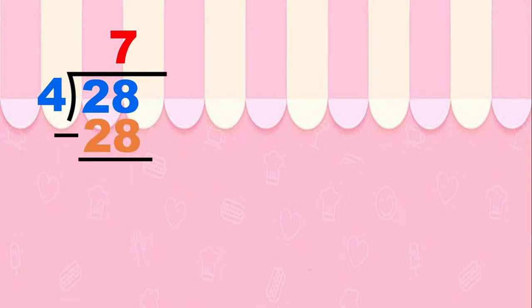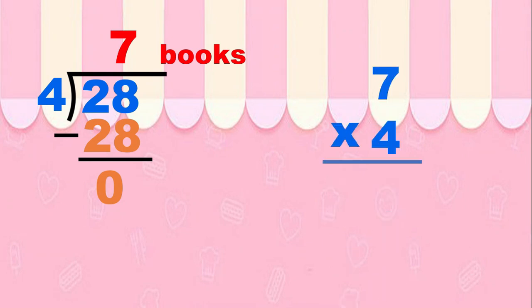So you can now subtract: 28 minus 28 is equal to 0. And then 28 divided by 4 is equal to 7. So we have 7 books. And then check your answer: 7 times 4 is equal to 28.